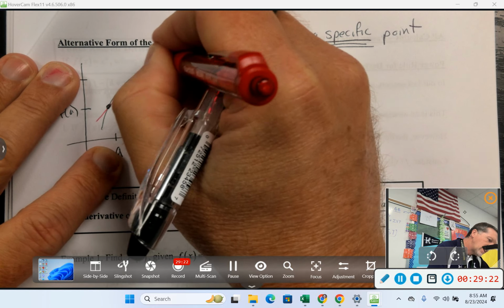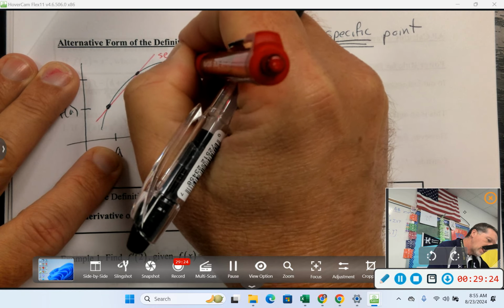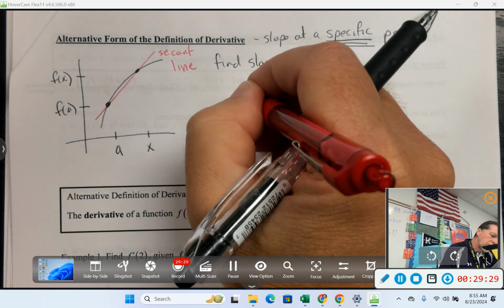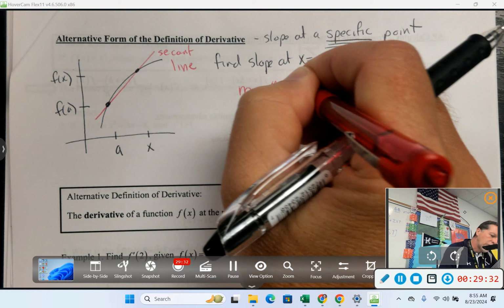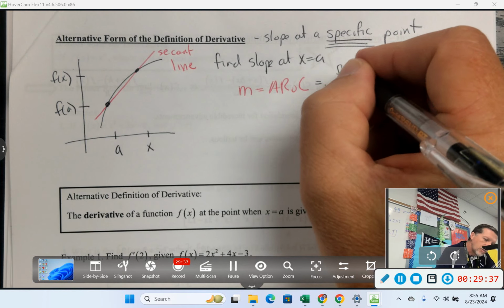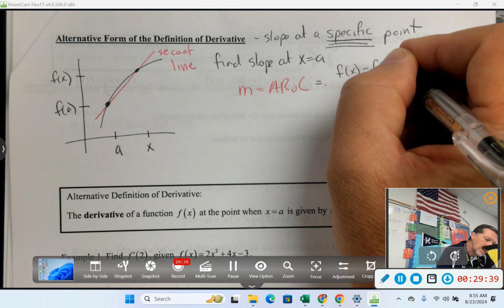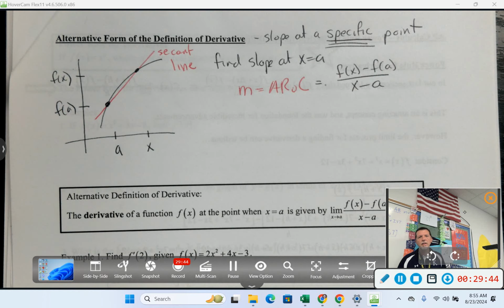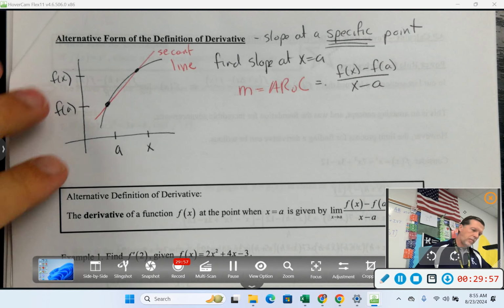And there's our secant line. So the slope of the secant line is the good old algebra rate of change, or average rate of change. That would be f of x minus f of a over x minus a. Right? No big deal. That's algebra 1. A lot of letters, but that's just the slope of that secant line.